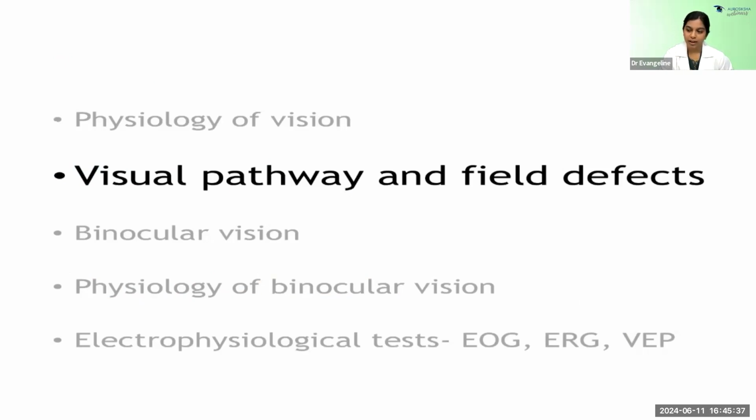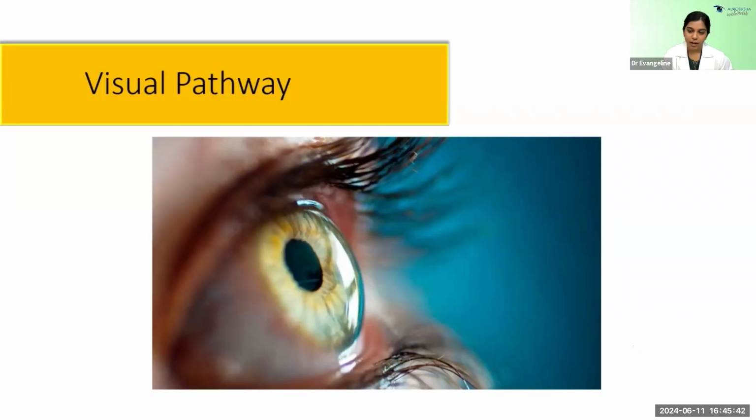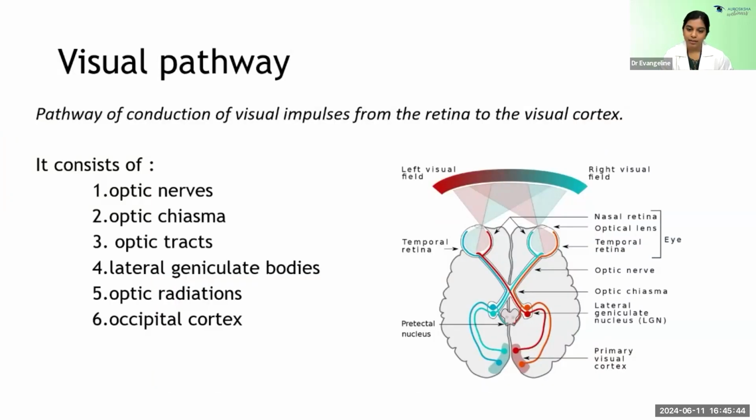Visual pathway and field defects. Visual pathway. It is a pathway of conduction of visual impulses from the retina to the visual cortex. It consists of the optic nerves. So we have two optic nerves. These optic nerves meet at the optic chiasma.